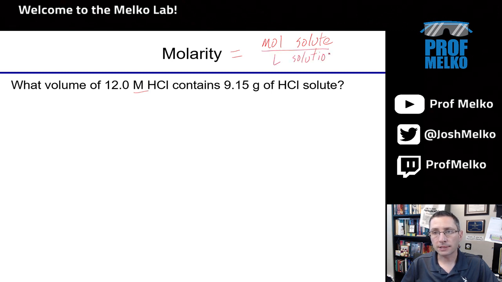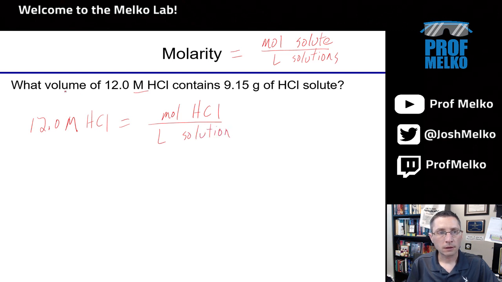Am I given any bits of information here? Well, 12.0 is the molarity overall. This molarity is equal to moles of solute, moles of HCl, over liters solution. I'm looking for the volume, so I'm going to be solving for this denominator here, which means I should have enough information to get the moles of HCl. 9.15 grams of HCl.